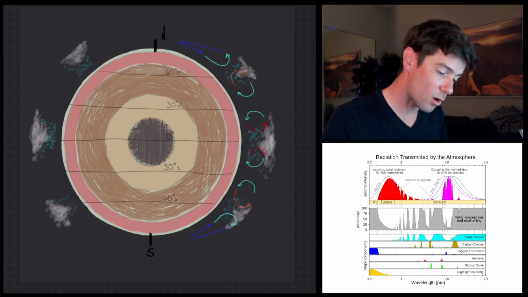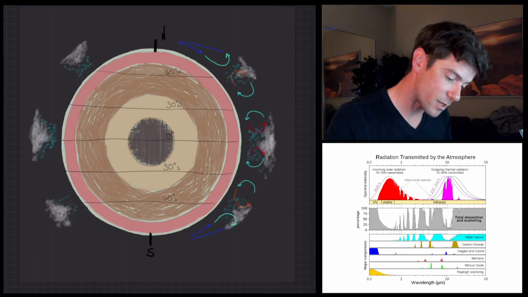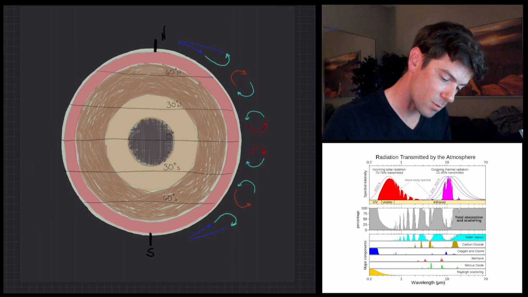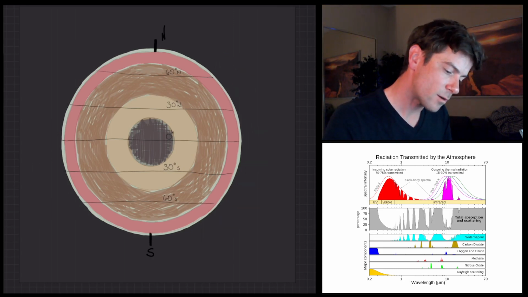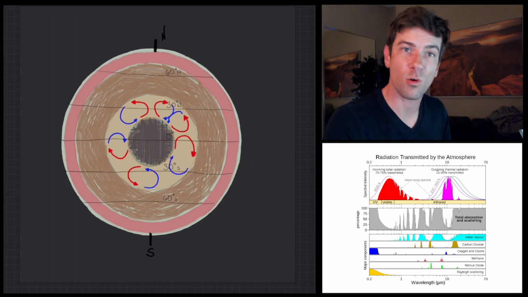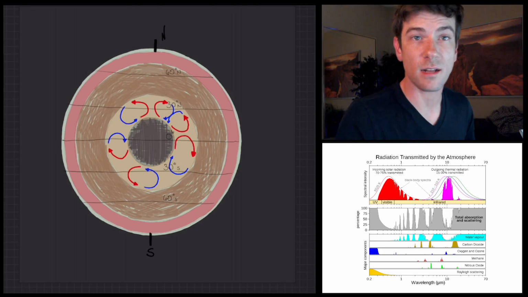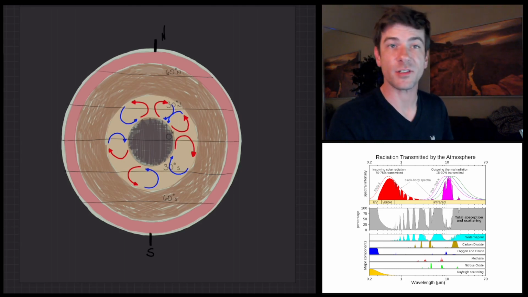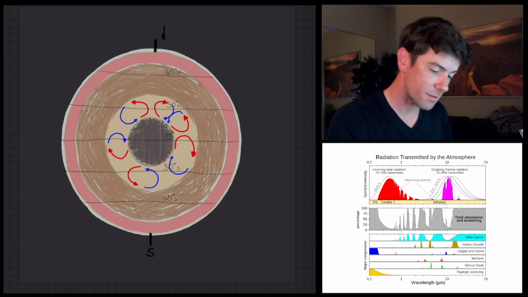The core experiences convection. In the outer core, there's an inner core that is solid nickel iron, and there's an outer core that is liquid. And that liquid outer core experiences convection.